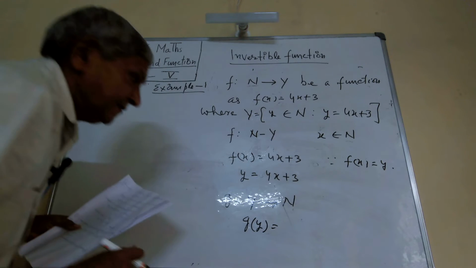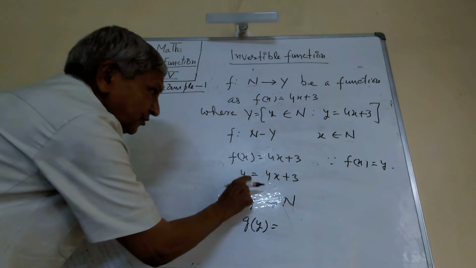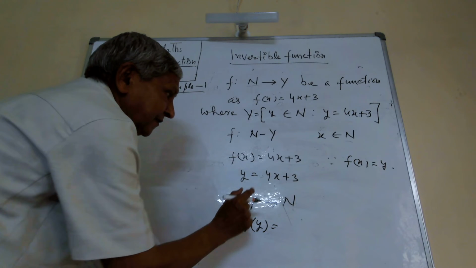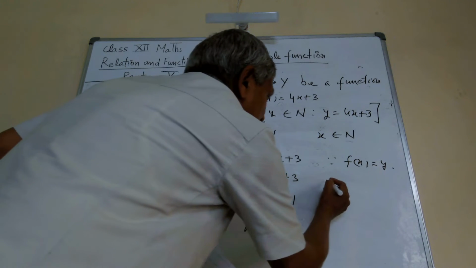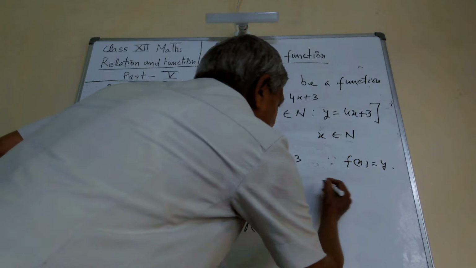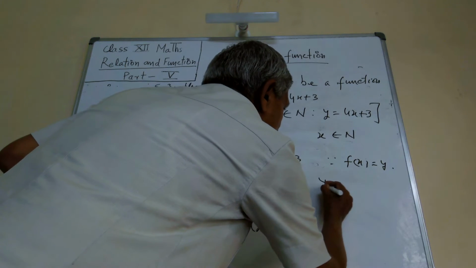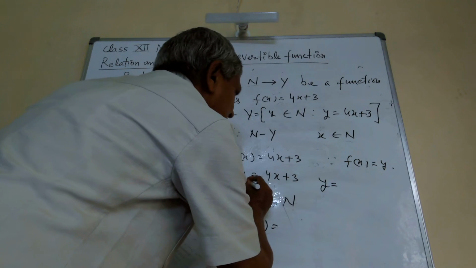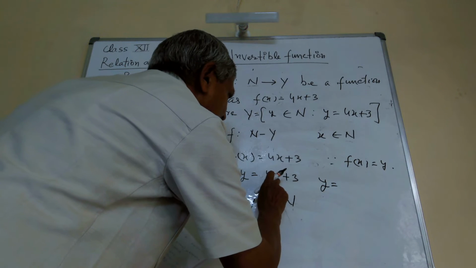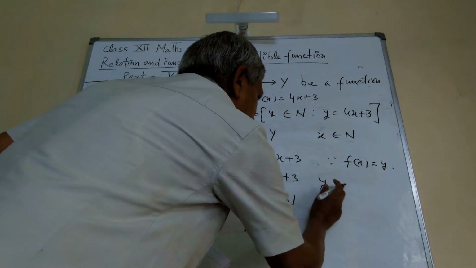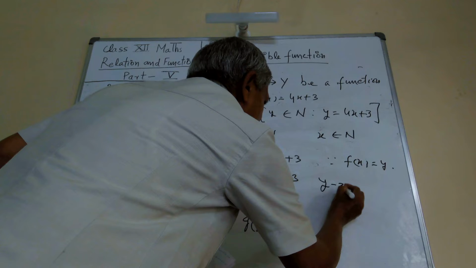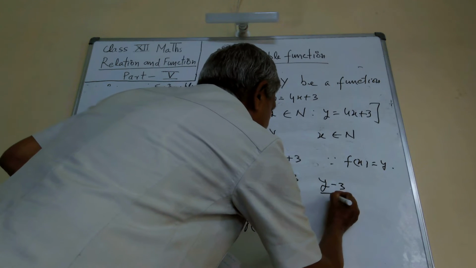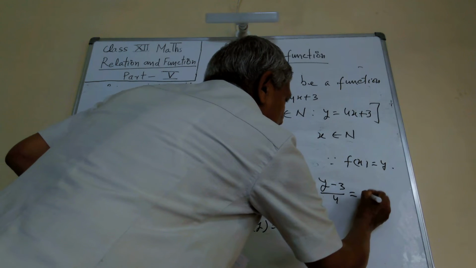What is g(y)? We have to find out the value of x from here. y is equal to 4x plus 3, so y minus 3 upon 4 is equal to x.